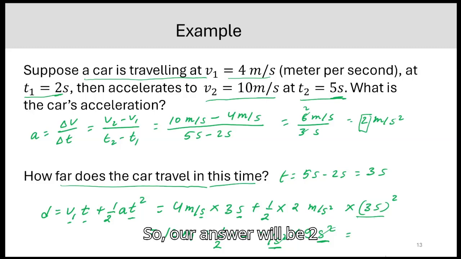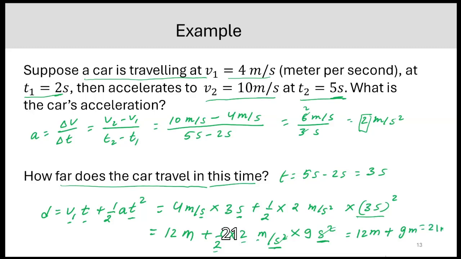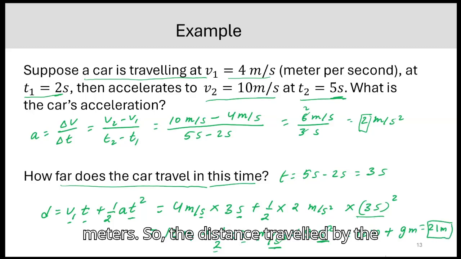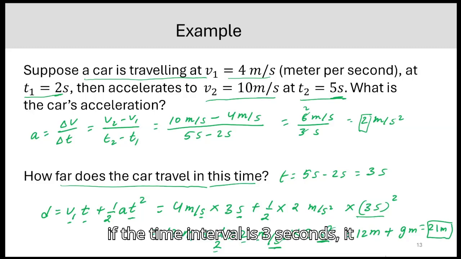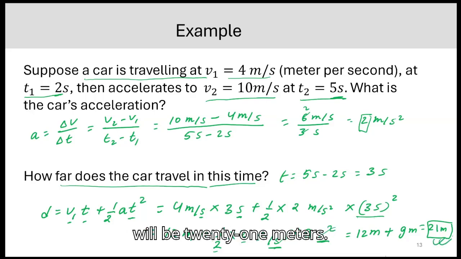So our answer will be 12 meters, and the half times 2 cancels out, plus 9 meters, so total 21 meters. So the distance traveled by the car, if the time interval is 3 seconds, will be 21 meters.